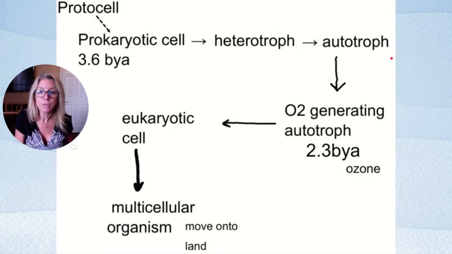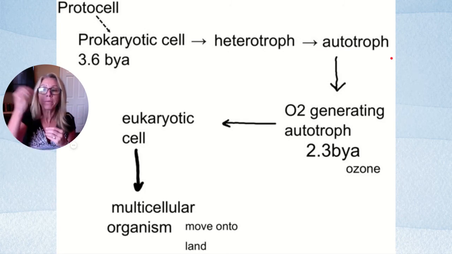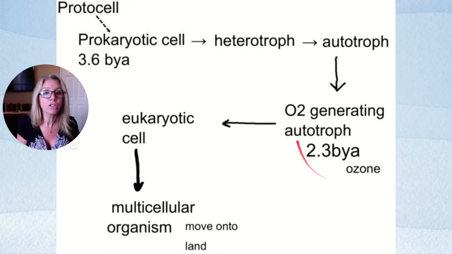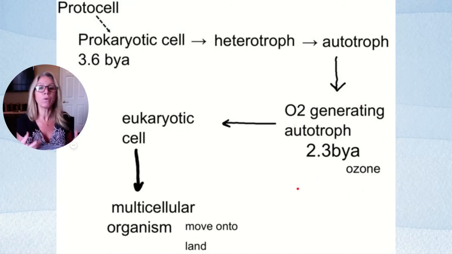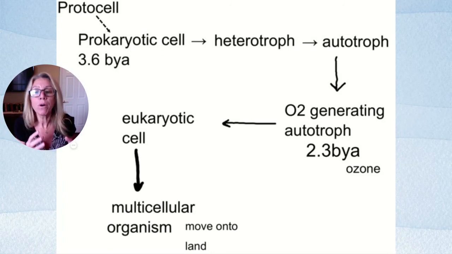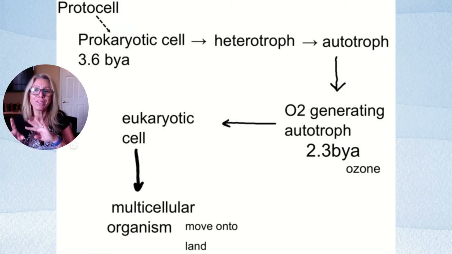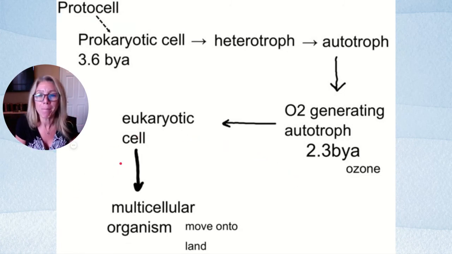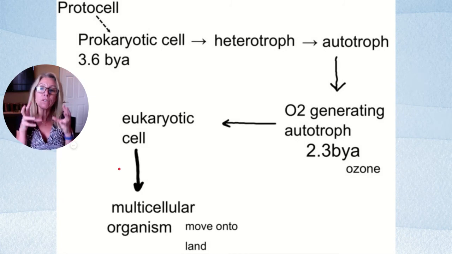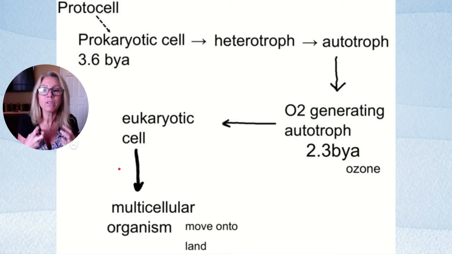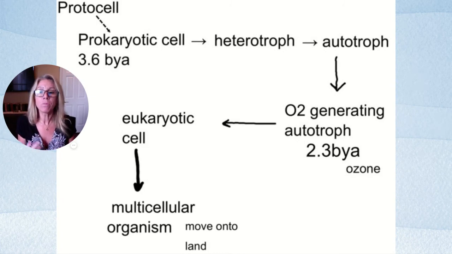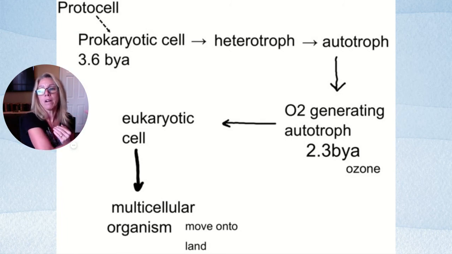Then autotrophs evolved, and then a type of autotroph that actually split water and released oxygen, creating the oxygen revolution about 2.3 billion years ago. Then simple prokaryotic cells evolved into eukaryotic cells, and I'll talk to you about the endosymbiotic hypothesis later. Then single eukaryotic cells went to multicellular organisms, and these then moved on to land.